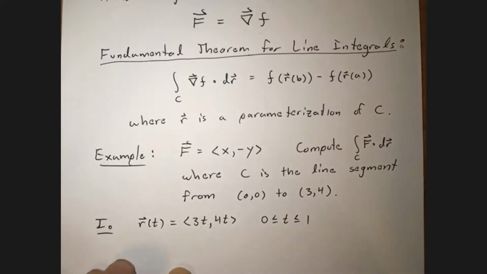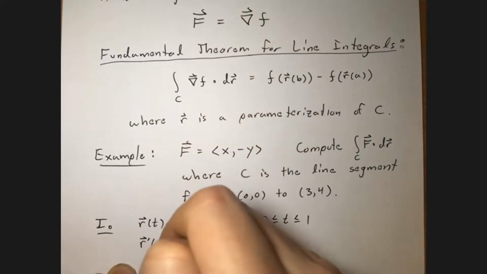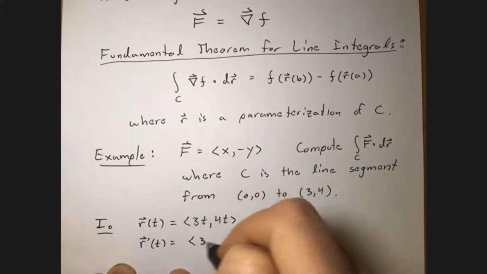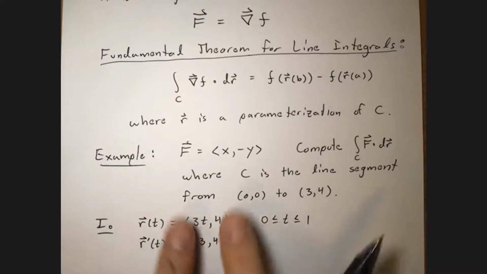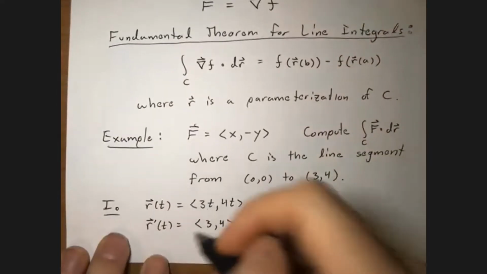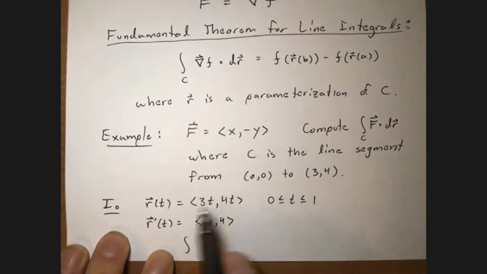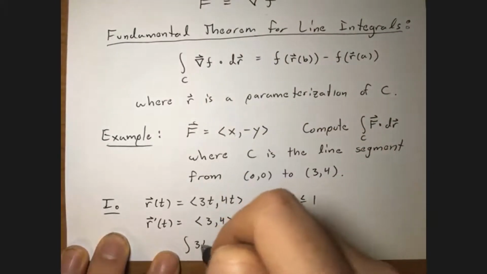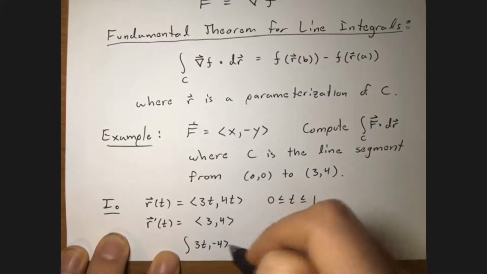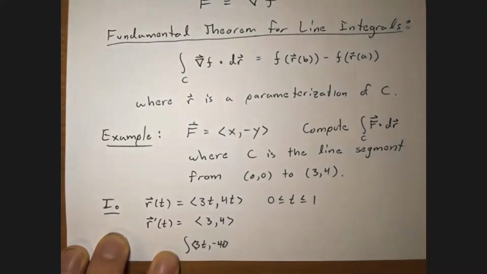Okay? And then we would find r prime of t. So this is <3, 4>. And then we would do what we were doing before, where we take the r of t and plug it into F. So it's going to be <3t, -4t>.